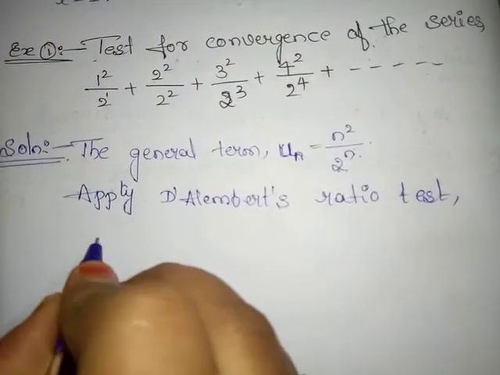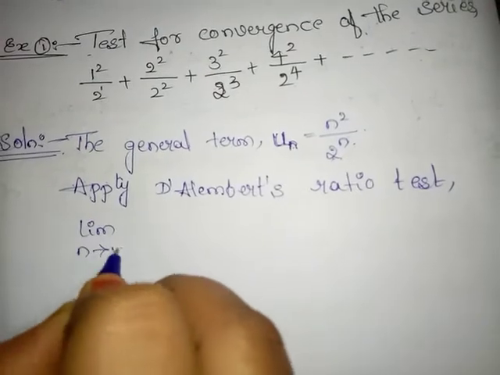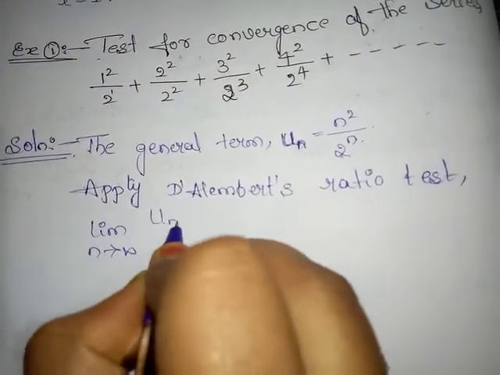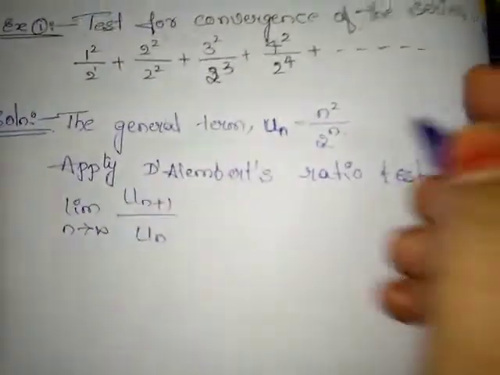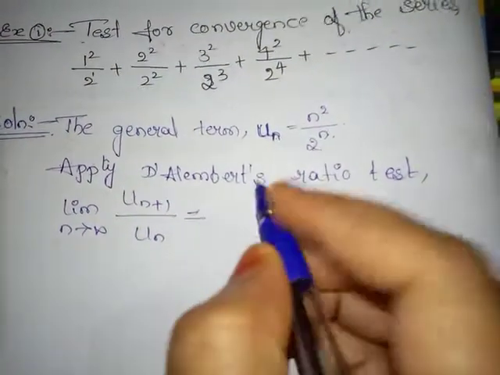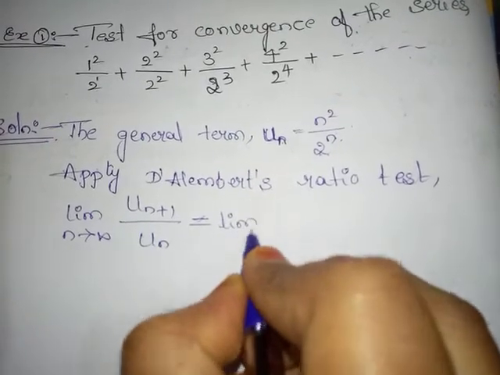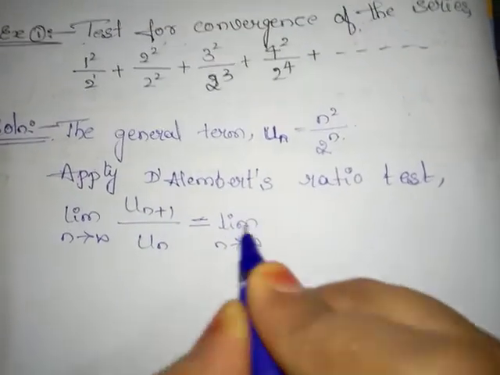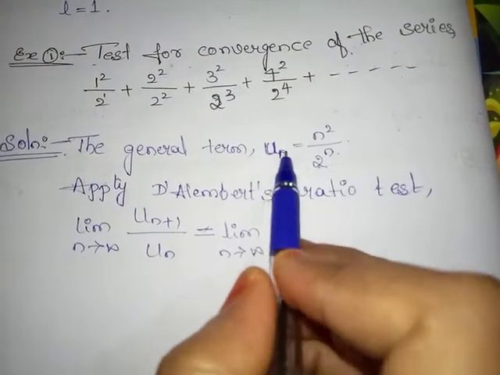We know that D'Alembert's ratio test is limit n tends to infinity u_(n+1) divided by u_n. Here this is the u_n term, meaning the nth term.